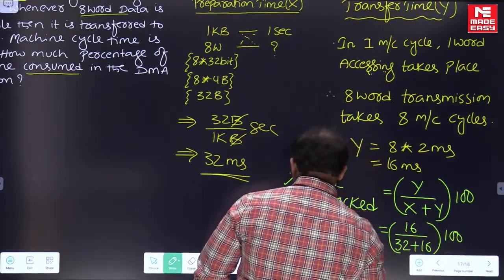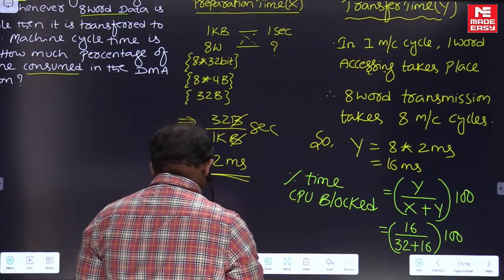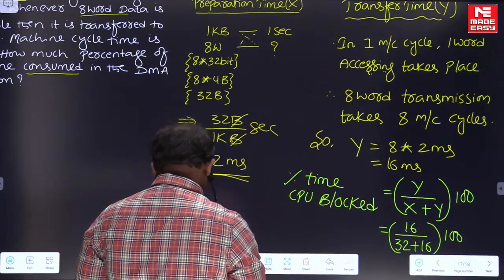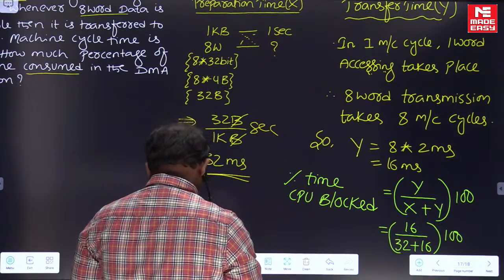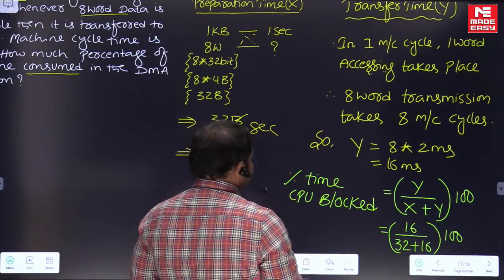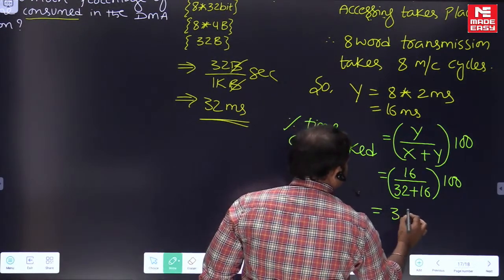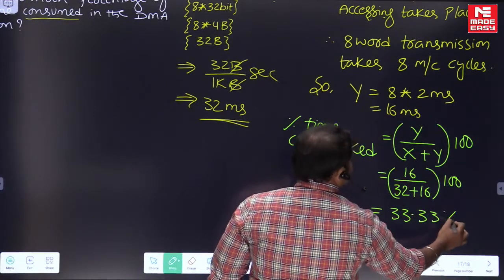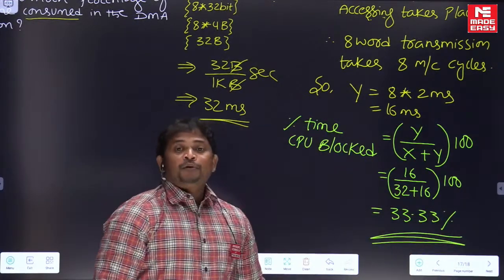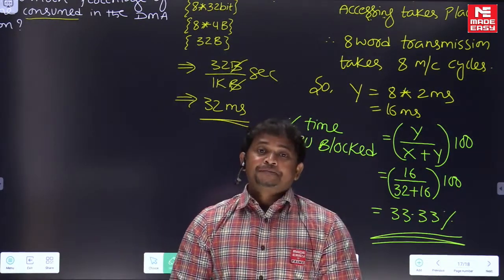Compute this and report the value. That is 33.33%. So 33.33% of CPU time is consumed for the DMA operation.